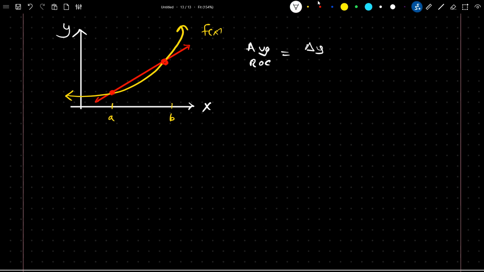We know the gradient is delta y over delta x, which in this case becomes f of b minus f of a divided by b minus a.